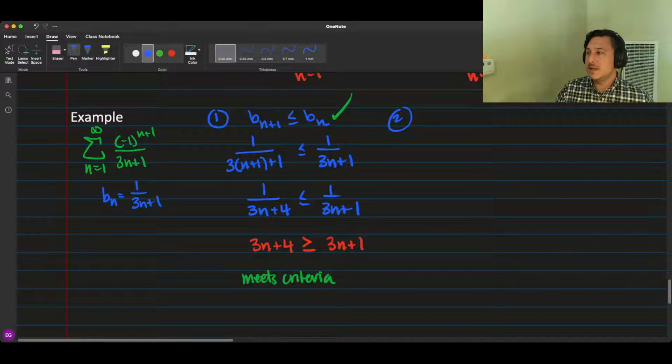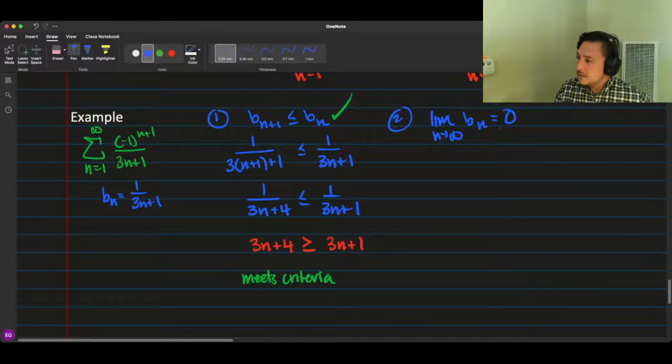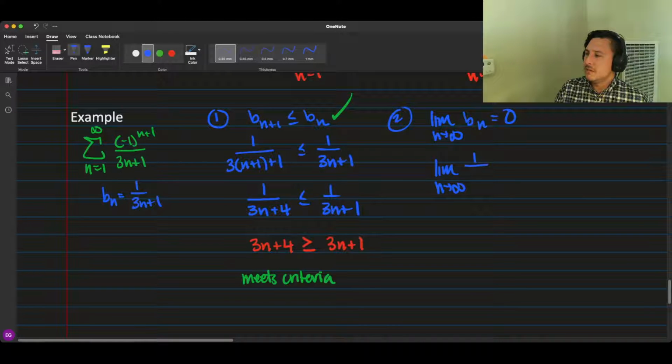What's the other criteria? You need the limit as n goes to infinity of b_n to be equal to 0. The limit as n goes to infinity of b_n, which is 1 over 3n+1, definitely goes to 0 because you get infinity on the bottom. So we also meet this criteria.